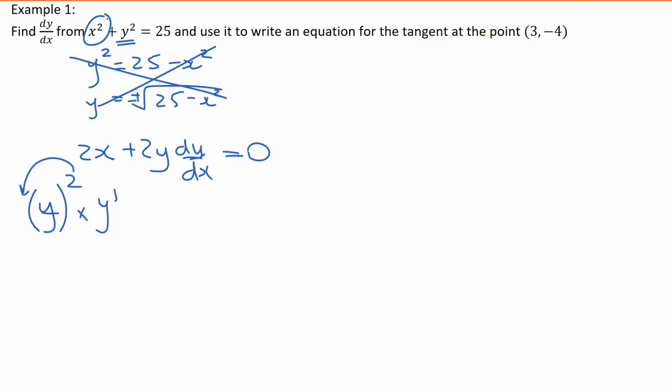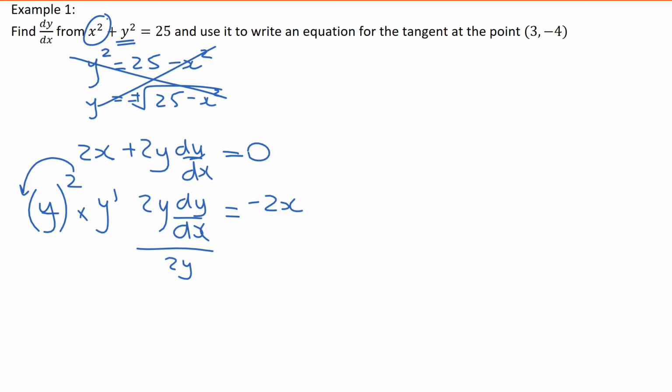Does that look okay so far? We'll get much harder, but now we want dy by dx equals something, don't we? So what I'm going to do now is go dy by dx with its 2y is equal to negative 2x. Can you see what I've done? Take the positive 2x to the other side.